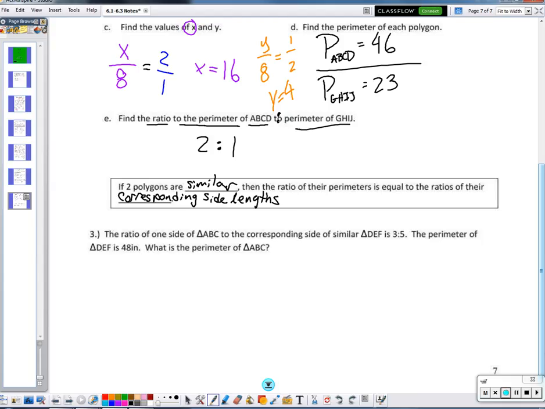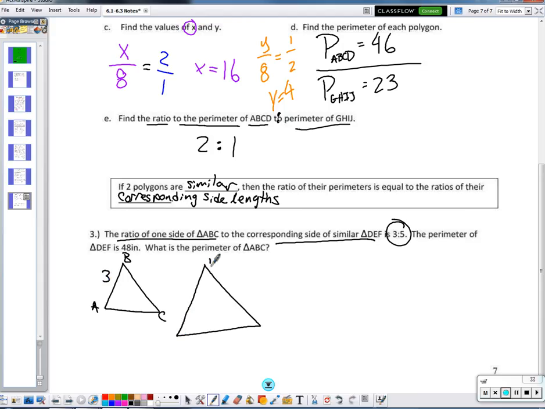The ratio of one side of ABC and the corresponding side of DEF is 3 to 5. So that means if I look at triangle ABC, one side, let's say it's AB, is 3. What would the other side of the corresponding triangle DEF be? Wouldn't it be 5? It's 3 to 5, right?